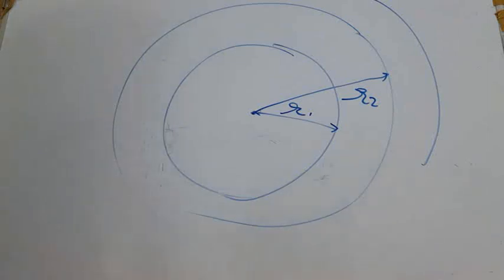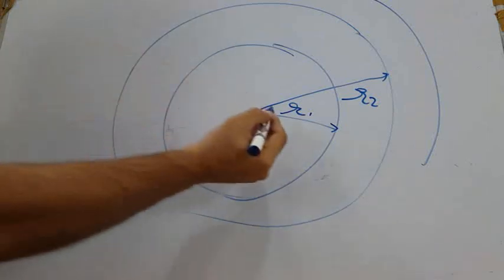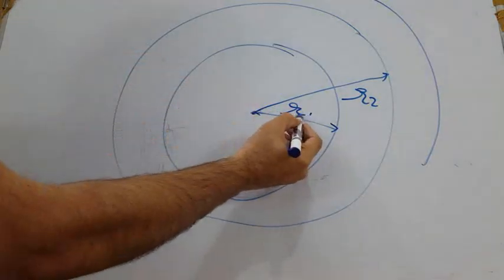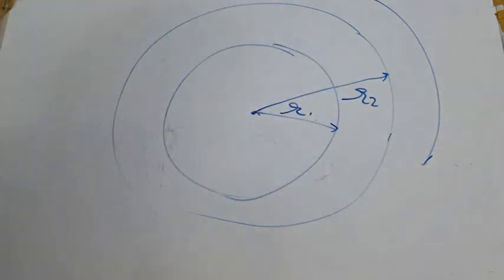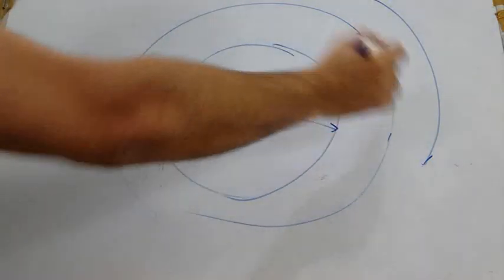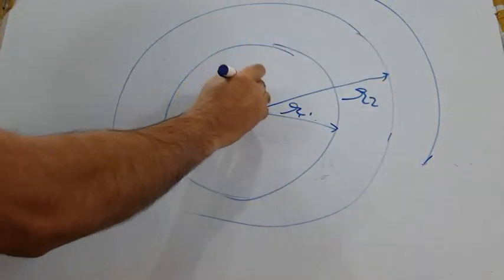His equation could calculate R1 also, means the radius of any allowed orbit, be that R1, R2 or any. We can say Rn.